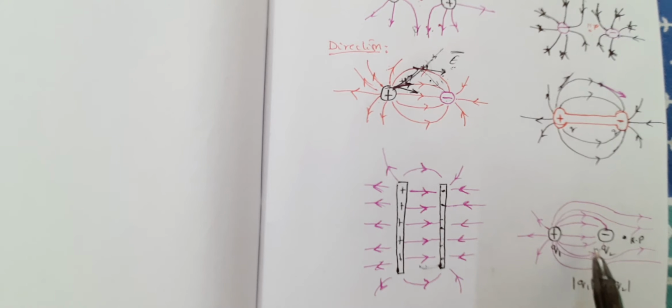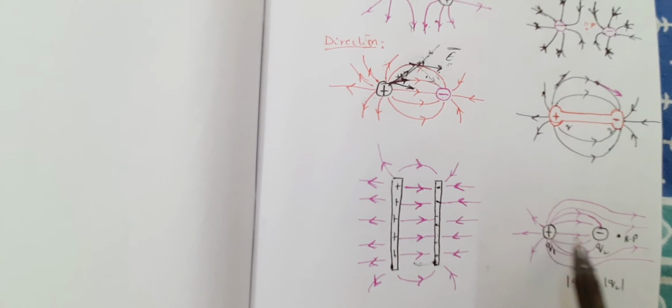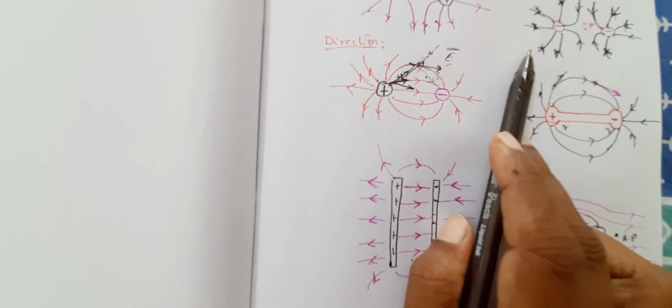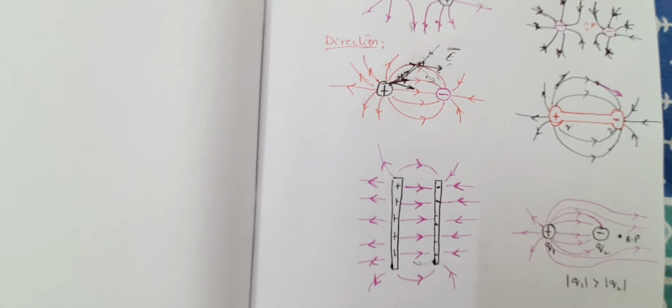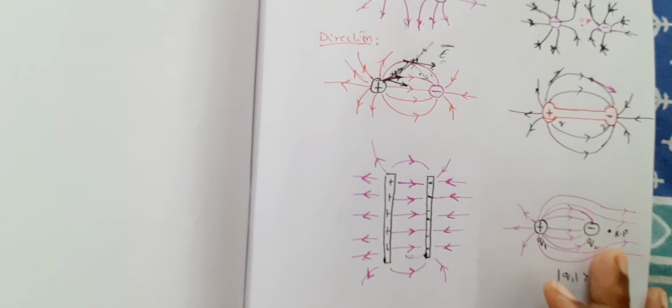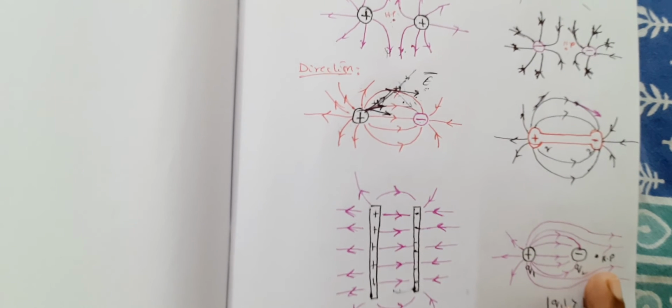Now if there are positive and negative charges both, where will the null point be? In the previous case, when two similar charges are separated by a certain distance, there is a null point between the two, on the line joining the two charges, right?